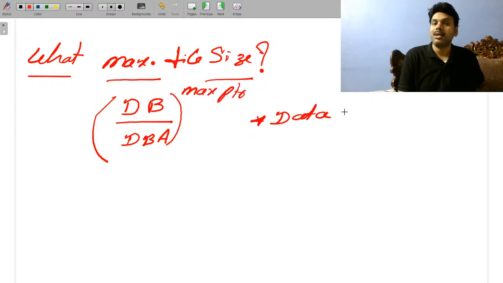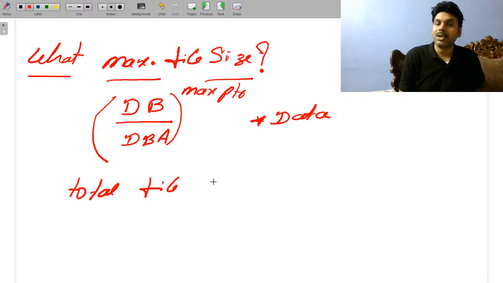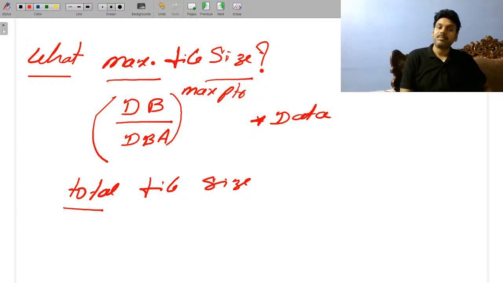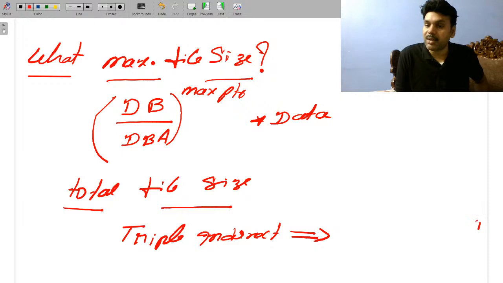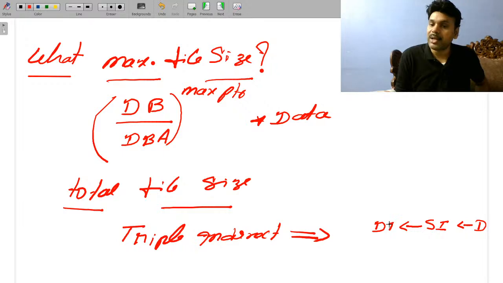This is your maximum file size, also called as a what? Total file size, how much I can have. For example, I say triple indirect. When I am saying triple indirect, please understand the maximum it can support: it can have direct, it can have single indirect, it can have double indirect. So what is the meaning of that?